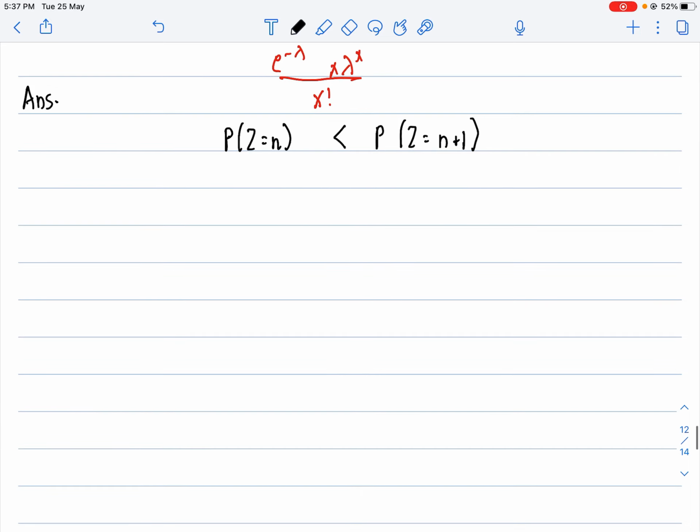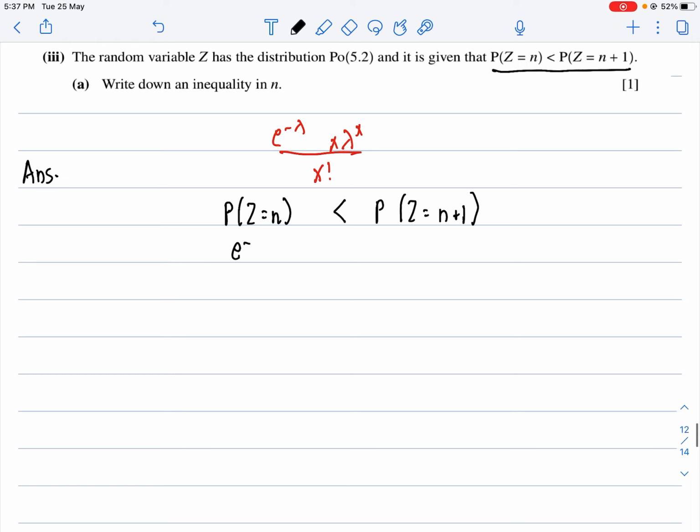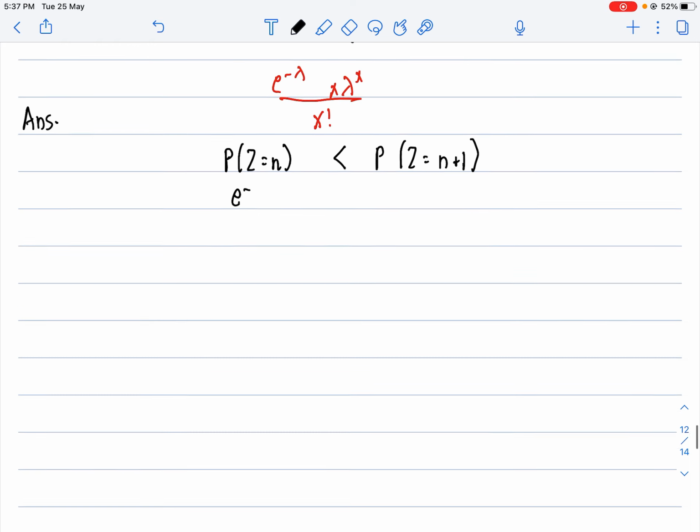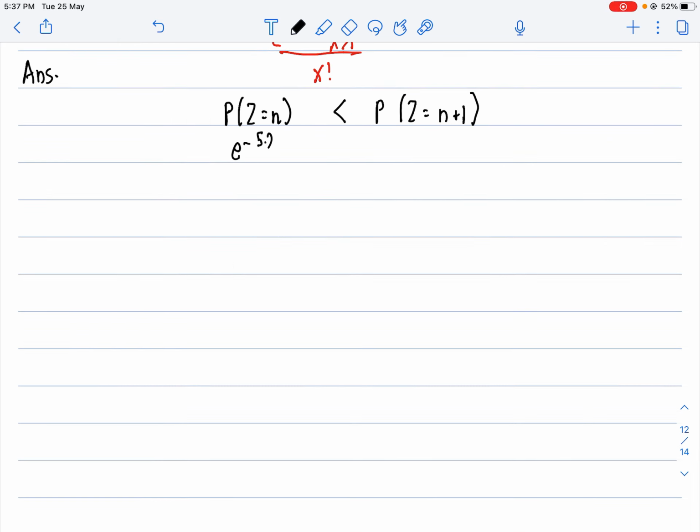Correct? So now using this formula, I can write this as e raised to minus, my lambda I know is 5.2. So e raised to minus 5.2 into 5.2 raised to n over n factorial is less than e raised to minus 5.2 into 5.2 raised to n plus 1 over n plus 1 factorial.